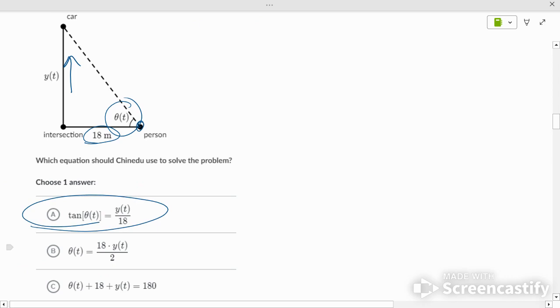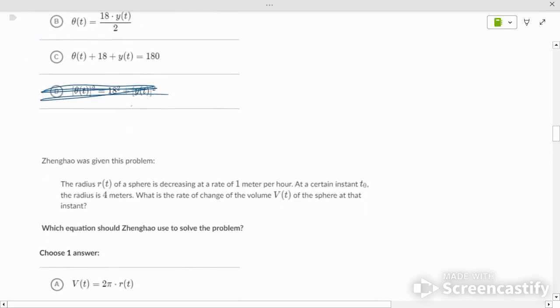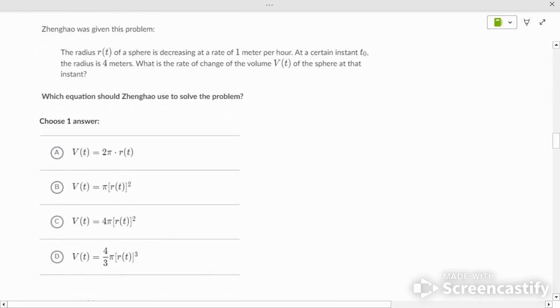So for one of the sections, you're just going to be picking out which formula is appropriate for the related rates. You won't have to solve the formula. Okay? So as you go through these sections, you'll keep building towards related rates, where first you'll be figuring out what the numbers mean. Then you'll be picking out which formula works best for that. And then you'll actually get into the related rates problems.